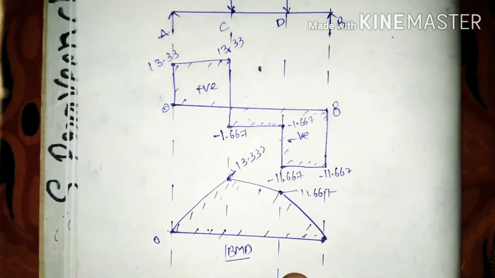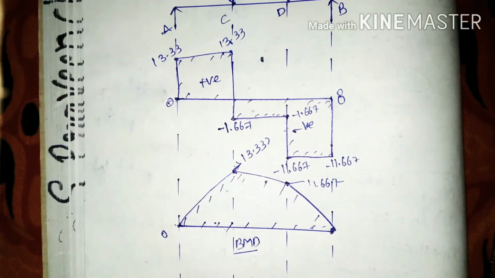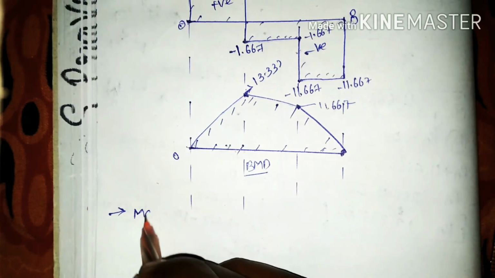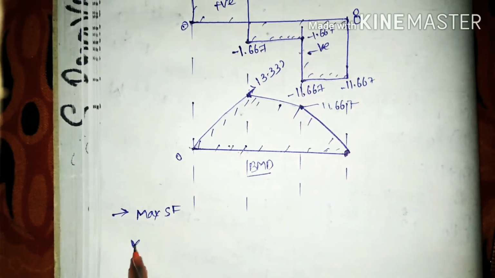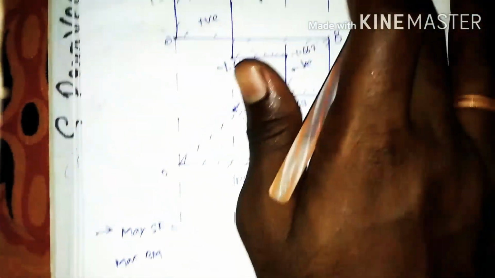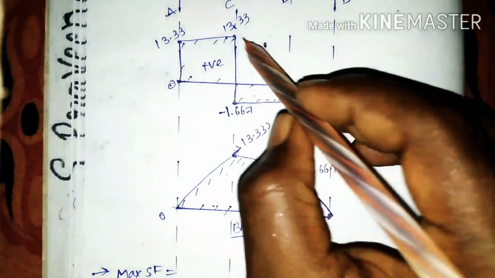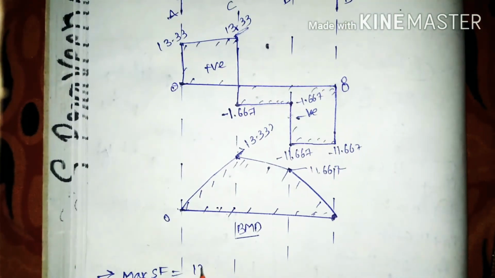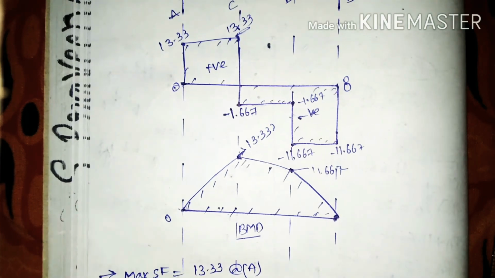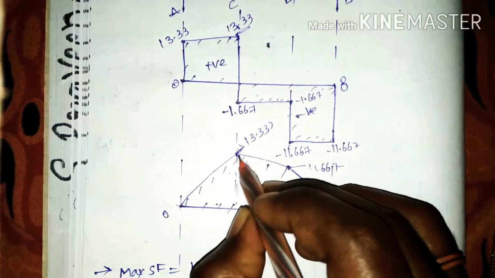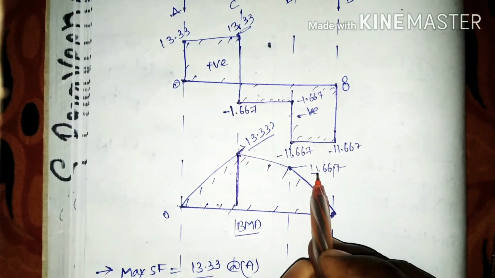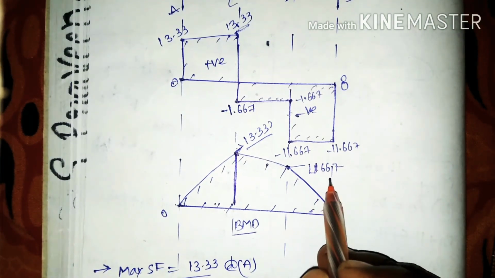Next, in the question it is given that we need the maximum shear force and maximum bending moment. In this diagram, the maximum shear force value is 13.33, which is at A. For the bending moment, we have the values 13.33 and 11.667.